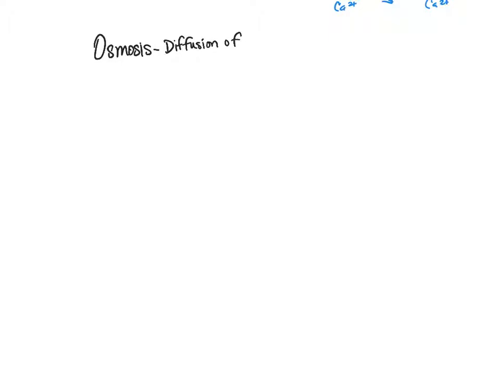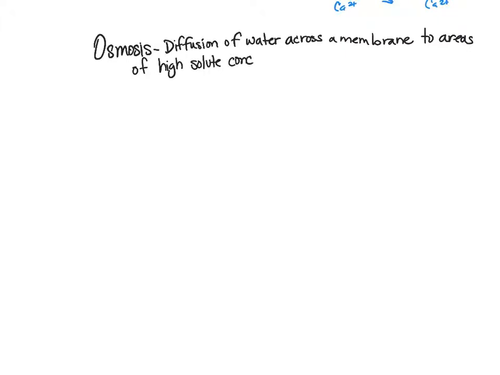So the diffusion of water across a membrane, to areas of high solute concentration. So the key here is that I said high solute concentration.